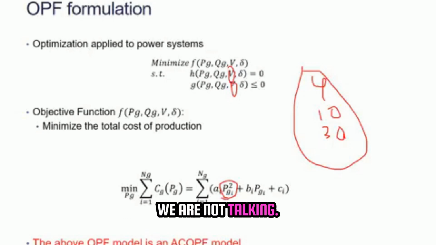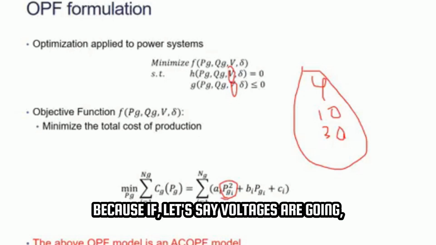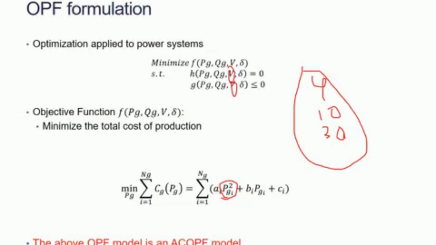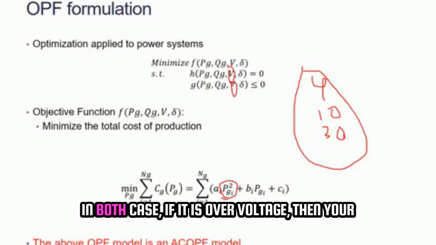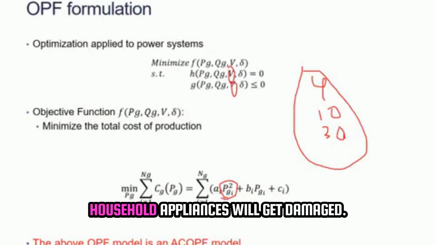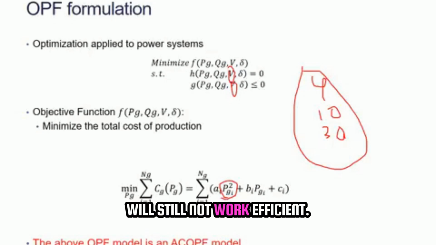In economic dispatch we are also not talking about voltage, and voltage can create a big problem, right? Either it is over voltage or under voltage. In both cases, if it is over voltage, then your household appliances will get damaged. If it is under voltage, your appliances will not work efficiently.